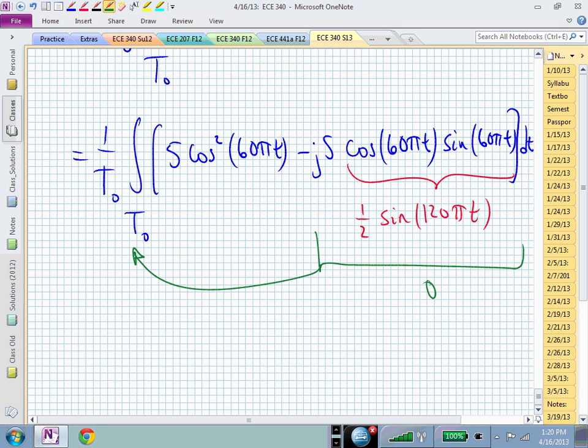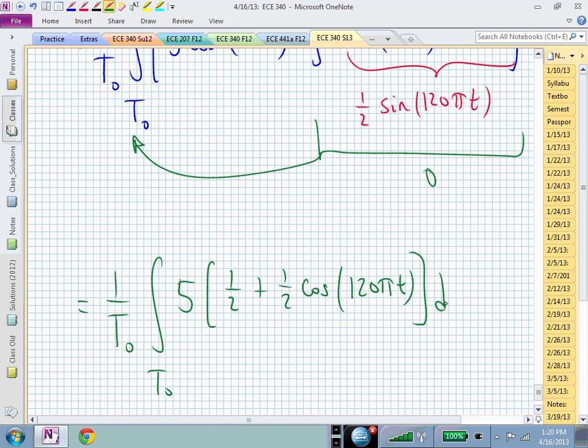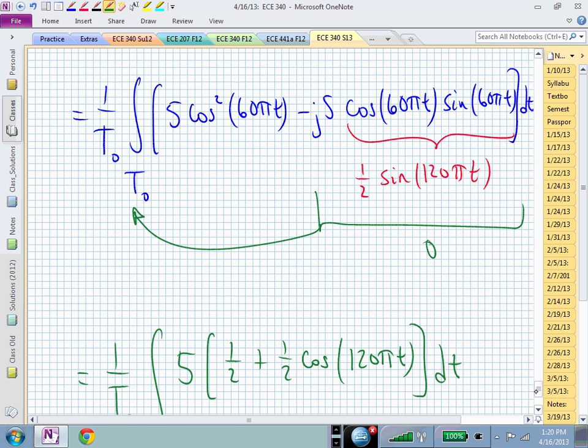The only thing I have left then is this 5 cosine squared, and we've already done that. That's now this 1 over T naught integral over T naught of 5, and we can rewrite the cosine squared as 1/2 plus 1/2 cosine of 2A. Again, we can allow this second piece to vanish because we're integrating it over one fundamental period.